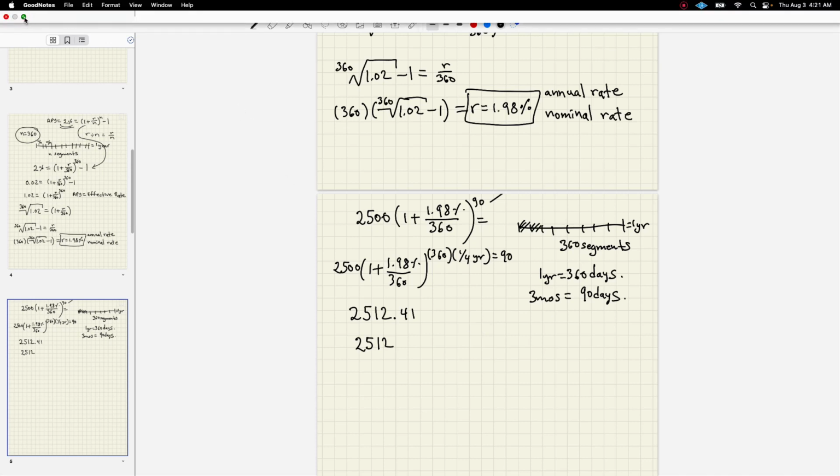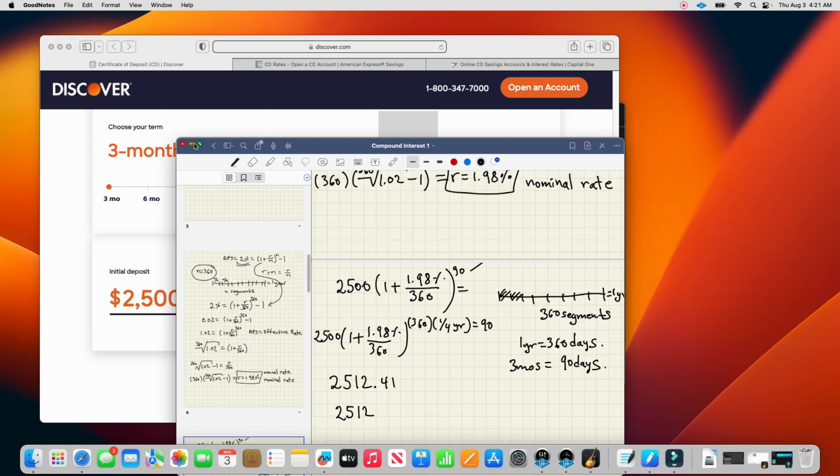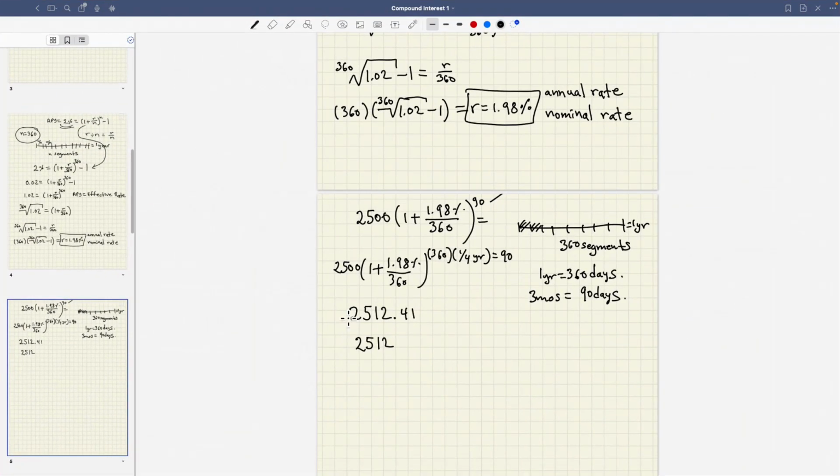So if you go down to the American Express, you can see they said that the interest earned is $12. And so you go back to our calculations here, and you can see already. You subtract from this final amount your initial deposit of $2,500, and you will get a difference of $12. Technically speaking, because we approximated here, there should be some cents in there. There should be decimal 41.